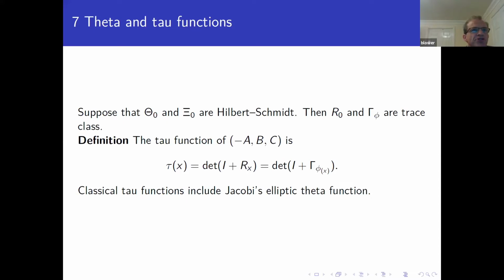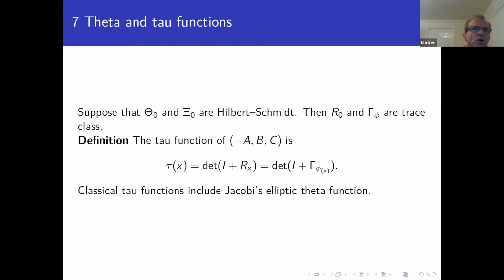Now I want to make more stringent assumptions. Let's suppose that the controllability and observability operators are Hilbert-Schmidt. Then the products one can form from these are going to be trace class, and when an operator is trace class, it has a well-defined Fredholm determinant.